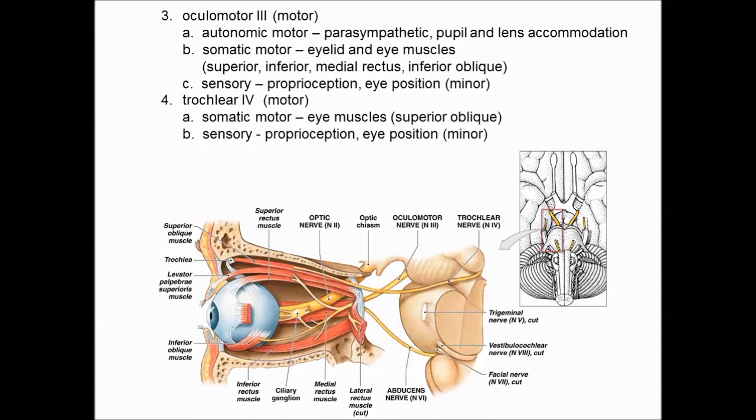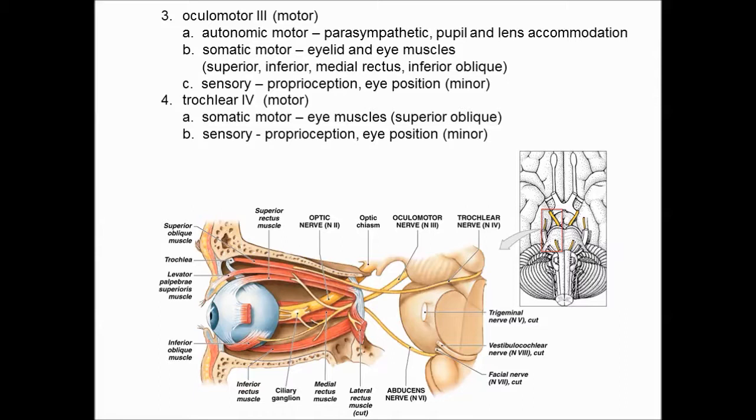So those two nerves, 1 and 2, both end up going into the prosencephalon, the first part of our brain, or cerebrum. And then the next few, the 3 and 4, originate from the midbrain, the mesencephalon.